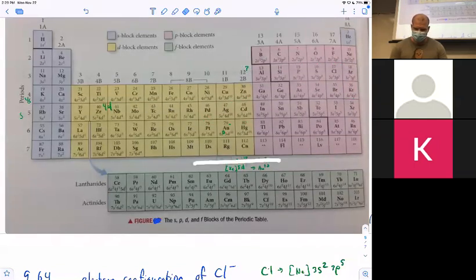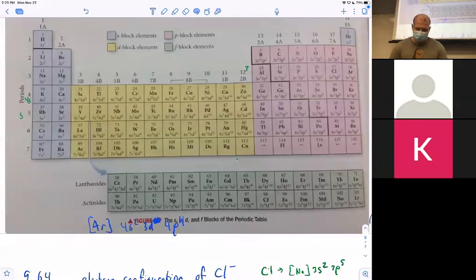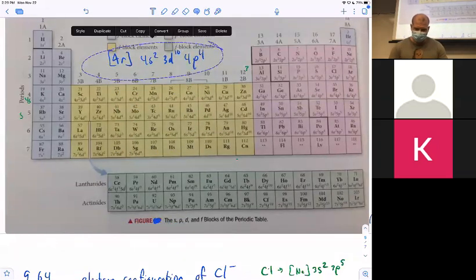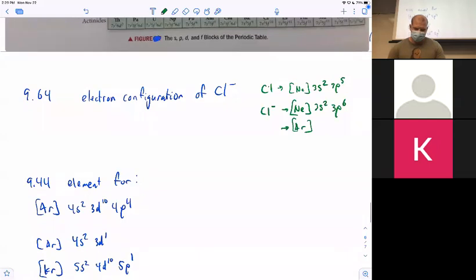Argon 4s2, 3d10, 4p1, 2, 3, 4. This one is selenium.